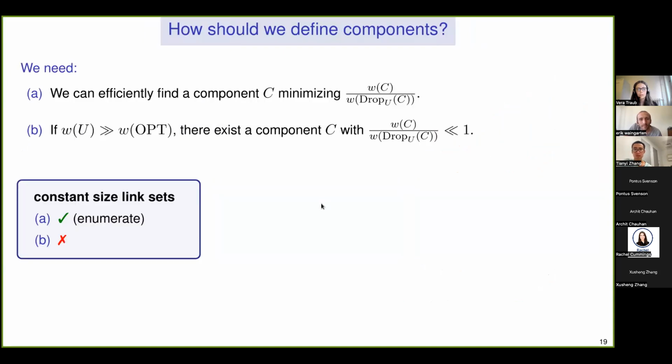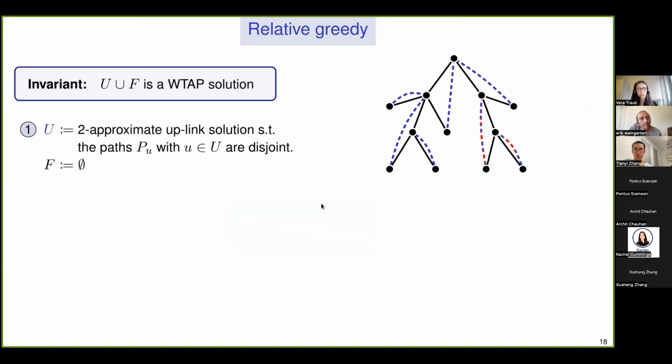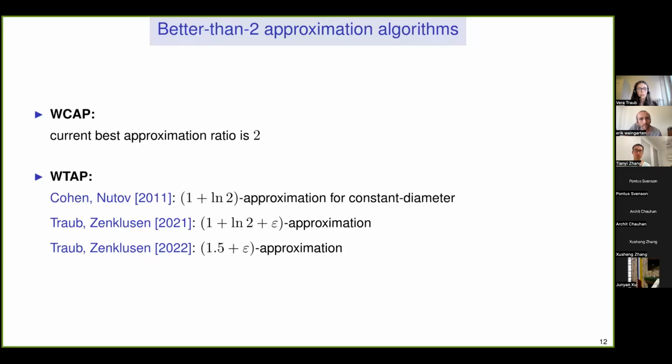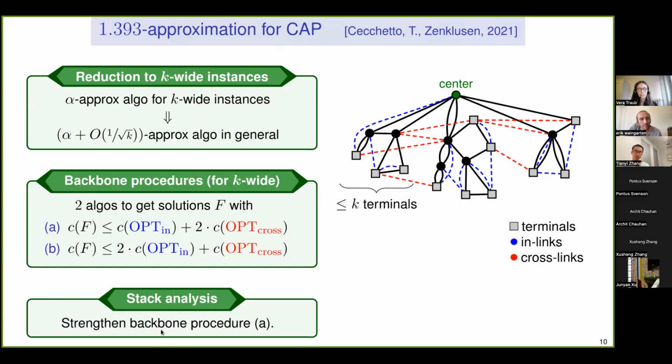For the unweighted problem we can improve, because for this 1.393 we use this approach with these 3 steps. The main problem is that these later steps, these backbone procedures and so on, all work also for the weighted setting. The problem is that this reduction to these particular instances, these k-weight instances, breaks completely once we have weights.